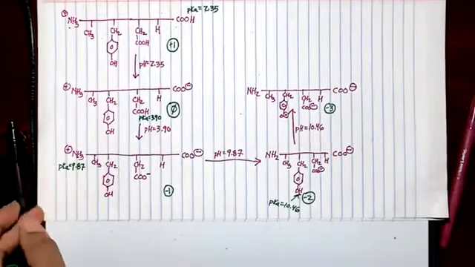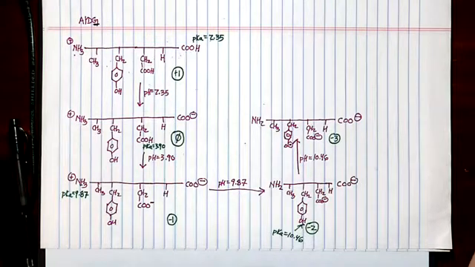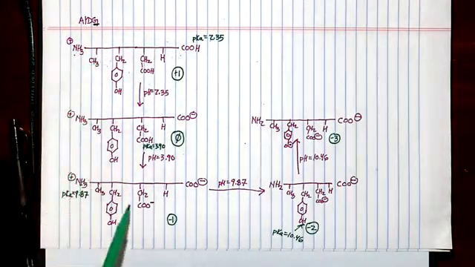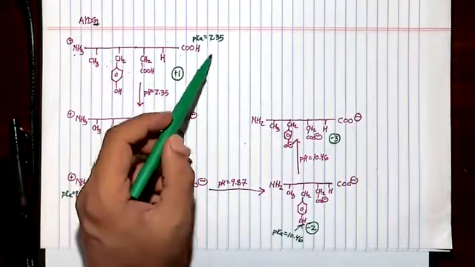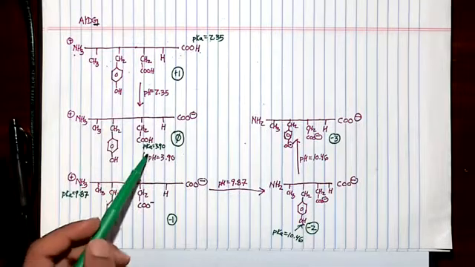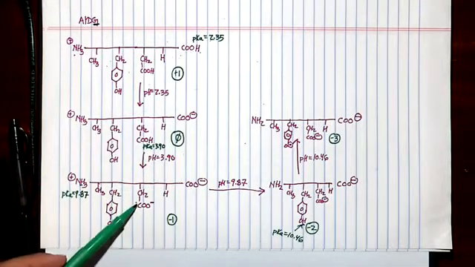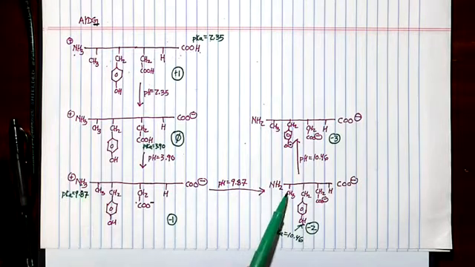So as we zoom out here, we have taken this tetrapeptide AYDG and we've just run it through the entire gamut. At 2.35 pH, this proton begins to come off. At 3.90, the side chain of aspartic acid begins to come off. At pH 9.87, the alpha amino group proton begins to come off.